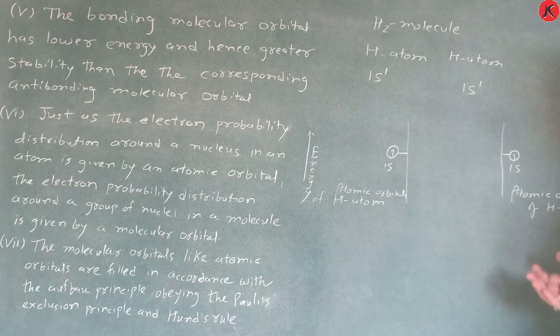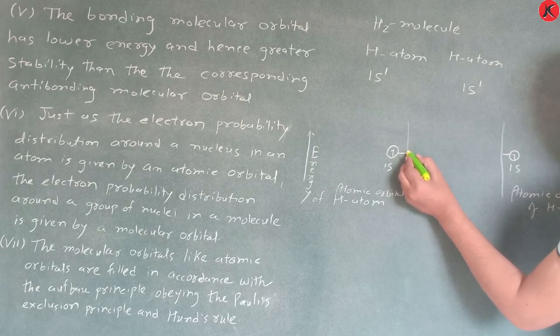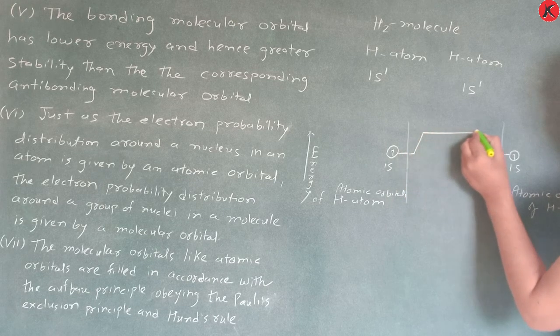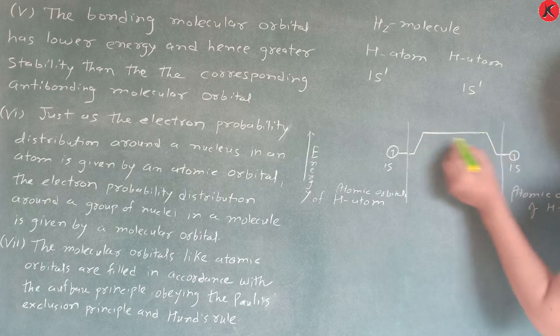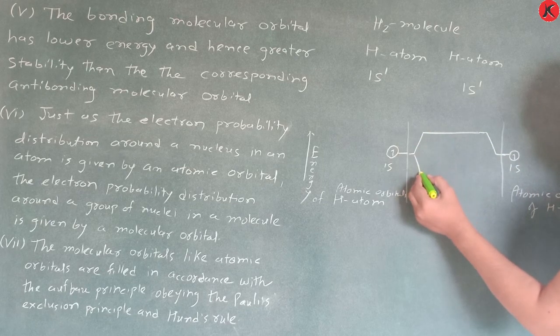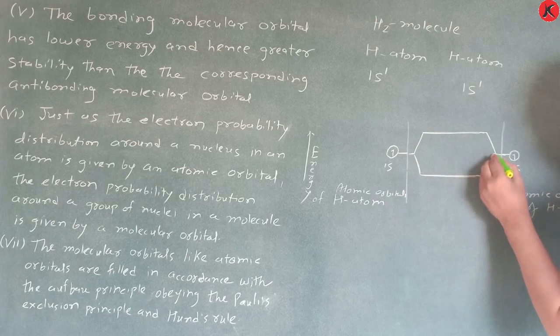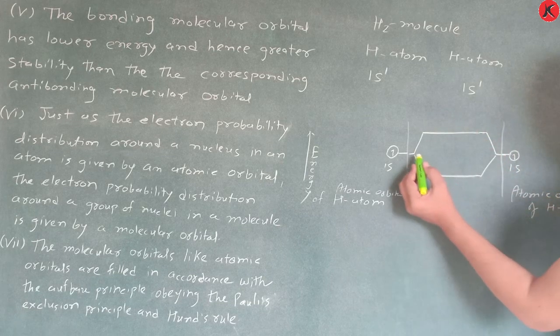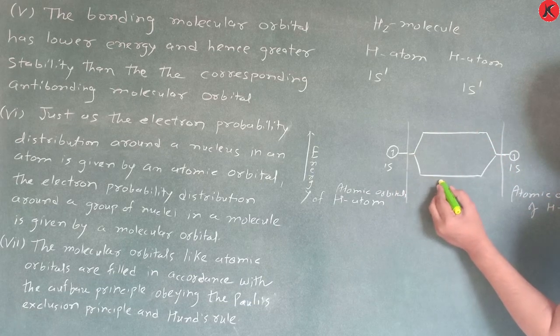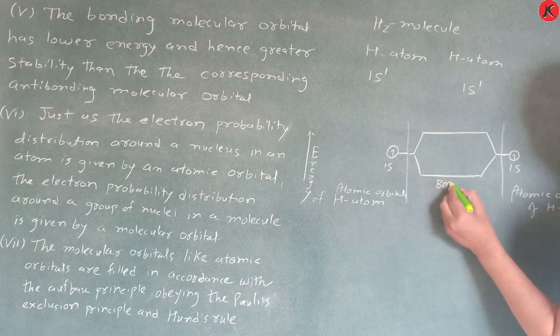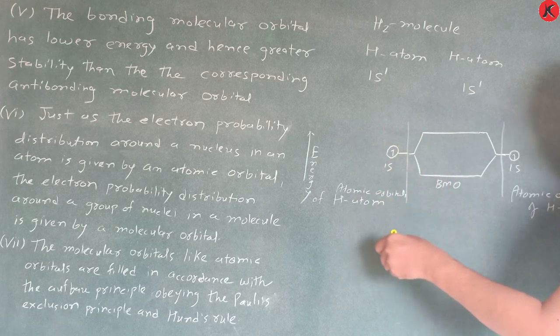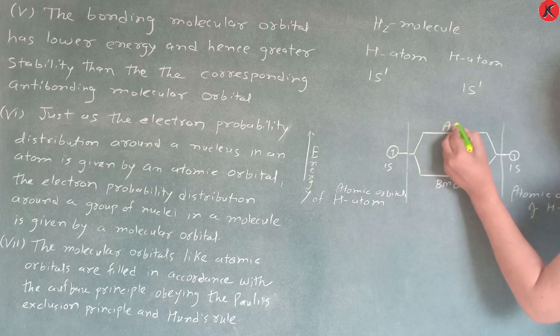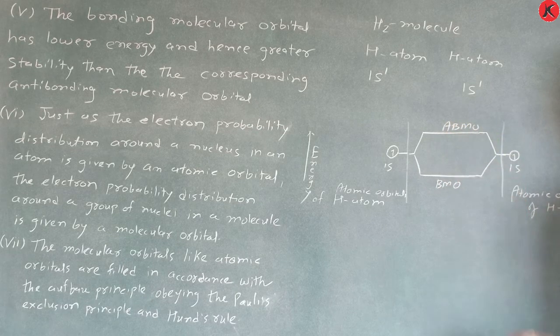Now you have to just solve this, and this way the energy is separated out by two interferences. So this is considered as BMO, where energy is decreased, and this is considered as ABMO.